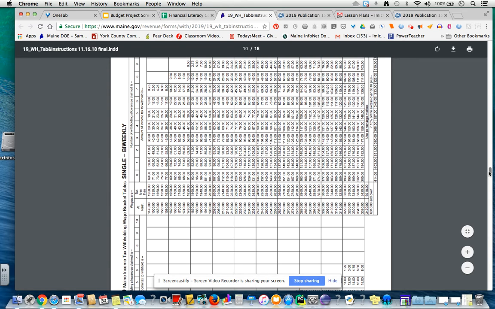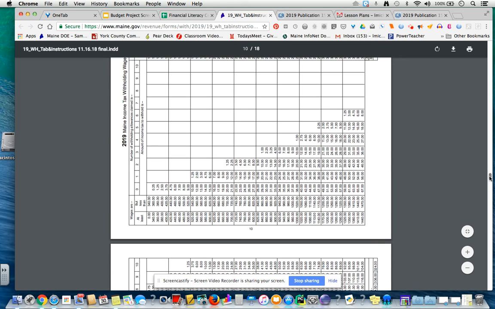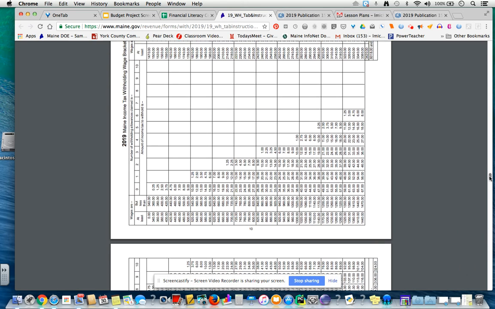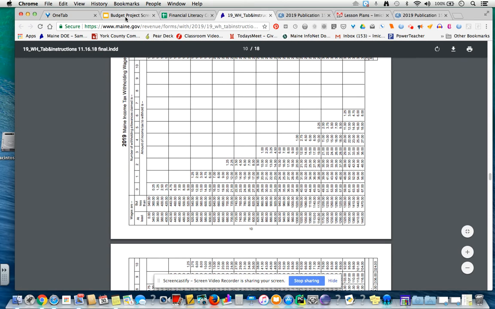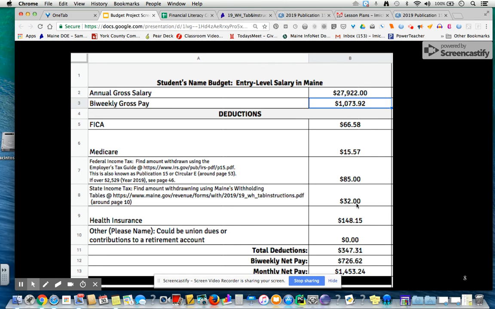You have to tip your computer sideways to find the number. 1073. So we see that it will be $32 because you claim one withholding allowance. So we enter that number there.